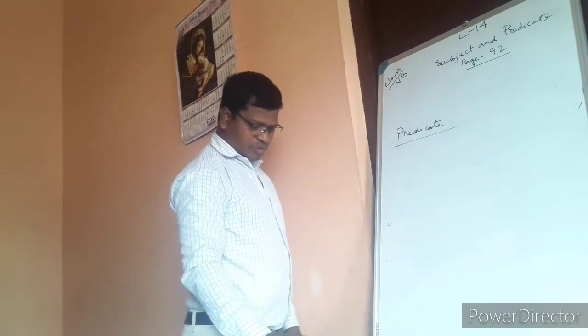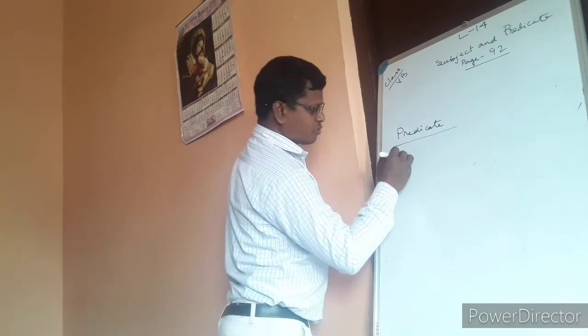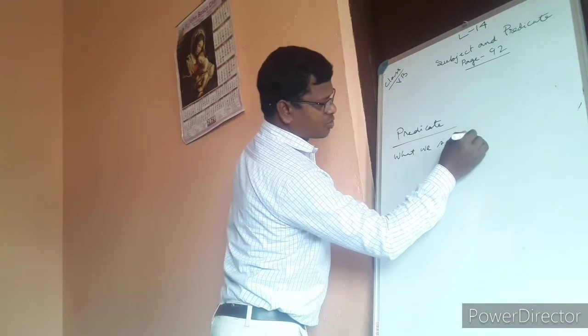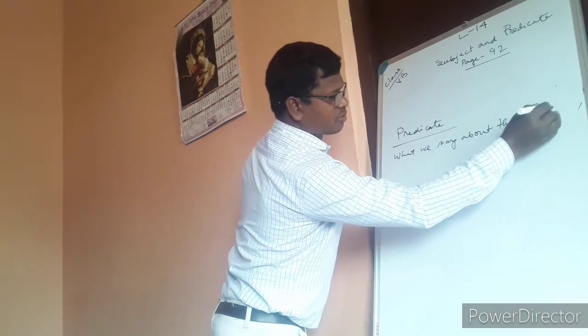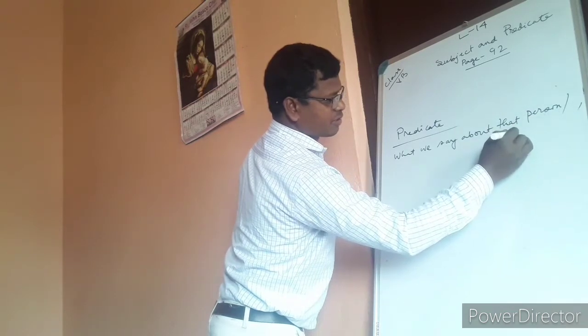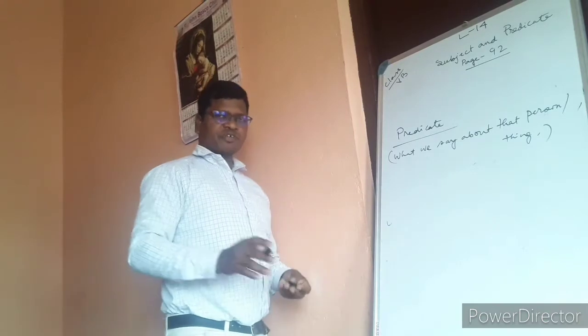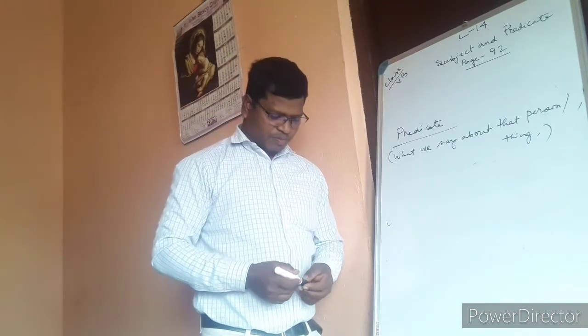In the predicate, what we have been seeing, it says what we say about that person or thing. So what are we talking about? Are we saying something? Definitely, when we talk about some person, we'll say something also.